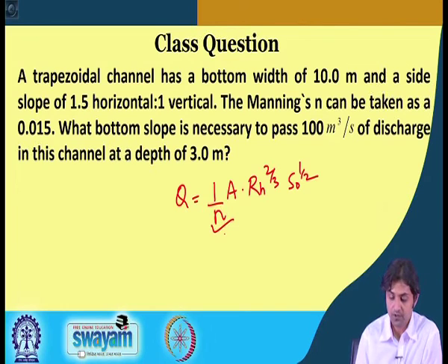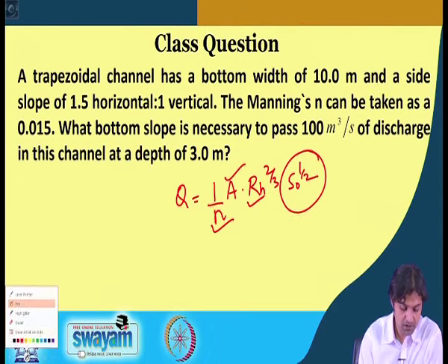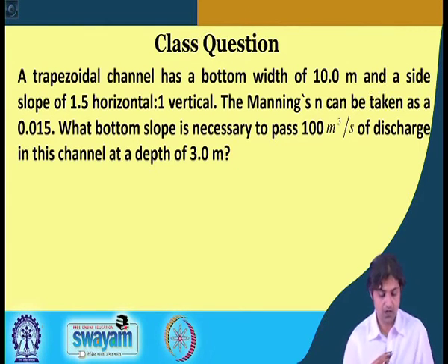You have been given area also, because you have been given a bottom width and side slope, so area is known. So everything is known, so hydraulic parameters are known. In this particular question it is about finding S naught. This is a simpler way to look at the problem. So, what exactly is being asked? So, we start doing this question.